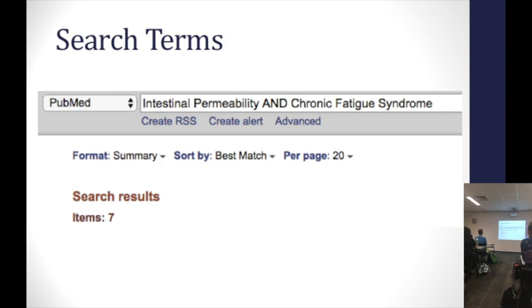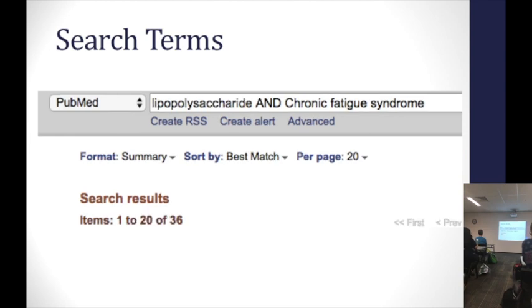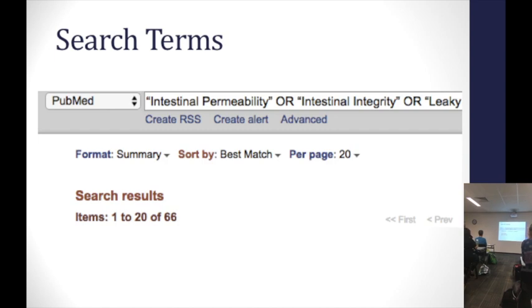If we searched intestinal permeability and chronic fatigue syndrome in PubMed, you'd get a total of 7 results. If you use lipopolysaccharides, which is a marker of intestinal permeability, and chronic fatigue syndrome, you'd get 36. However, if you used every possible term to describe intestinal permeability, you'd get about 66 results. Why am I showing this to you?